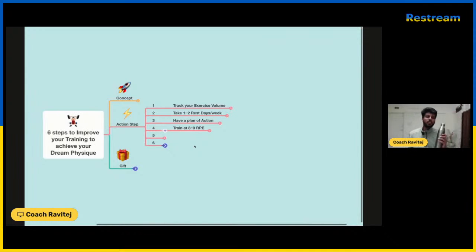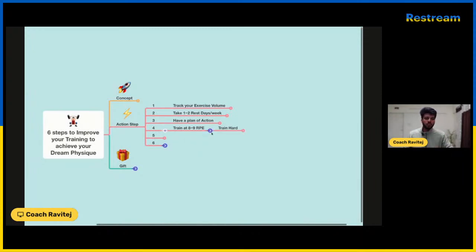If it is very heavy, then I will put in more exertion, compared to if it is very light, I'll put in very little exertion. So how much I am exerting my energy on that particular exercise, that is the rate of perceived exertion. This is on a scale of 0 to 10.